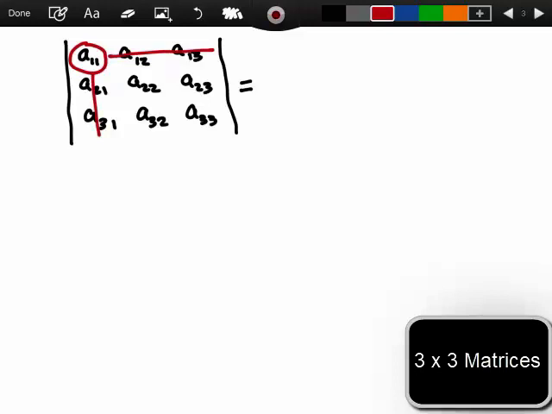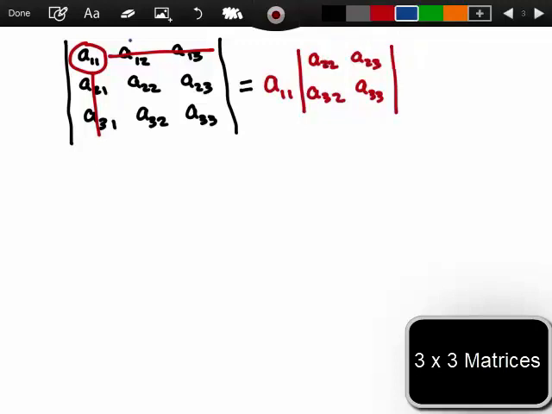So I'm going to take A11 and multiply it by the determinant of A22, A23, A32, and A33.